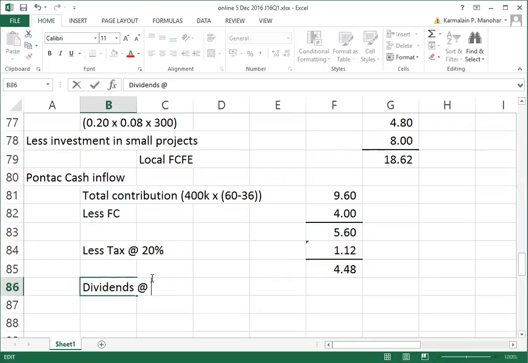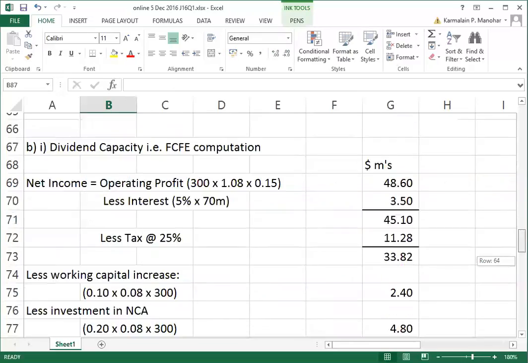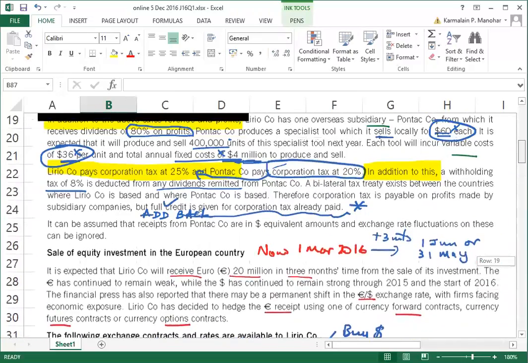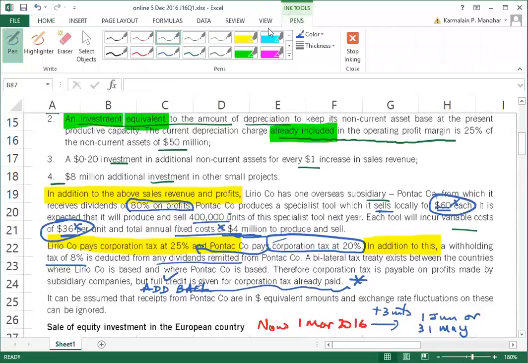Dividends. So we'll go back there before I deal with Anita's withholding. Let's go up here and see how this is affecting what we do first. Reading this withholding and this dividend: a withholding tax of 8% is deducted from dividends remitted.